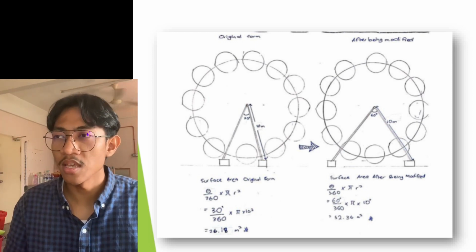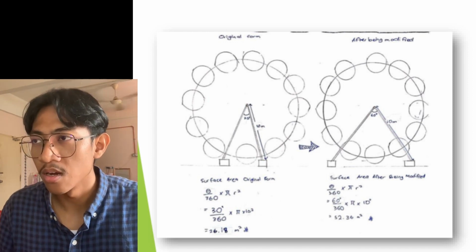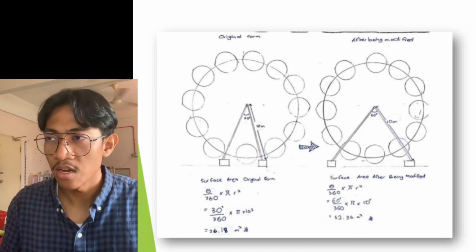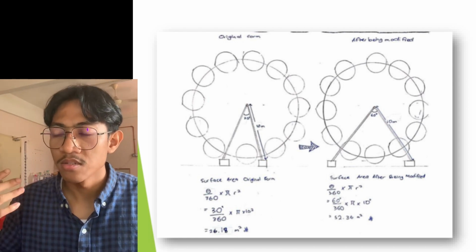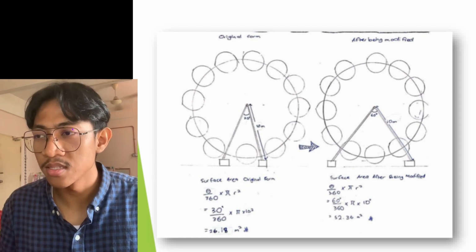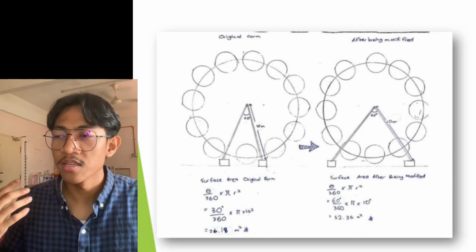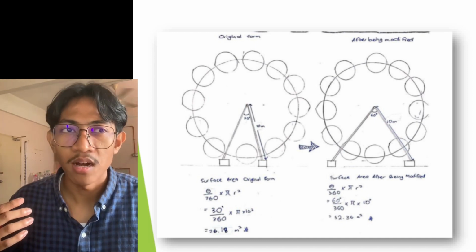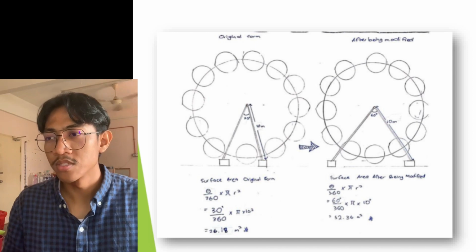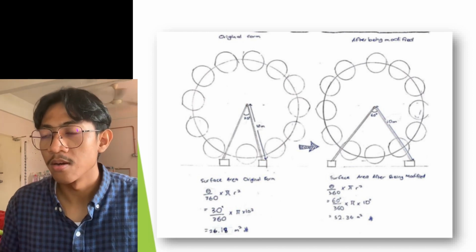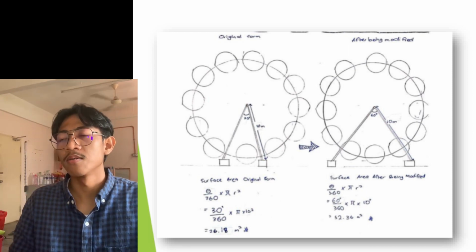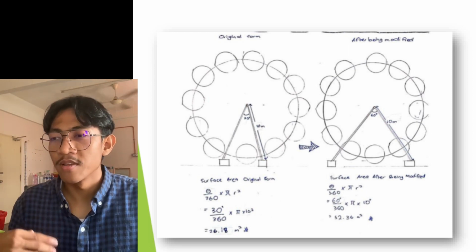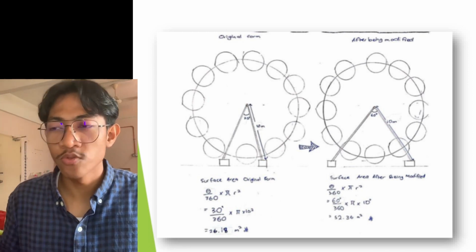You can see in my background the illustration after being modified, where theta divided by 360 multiplied by pi multiplied by r squared, which is 60 divided by 360 multiplied by pi multiplied by 10 squared.